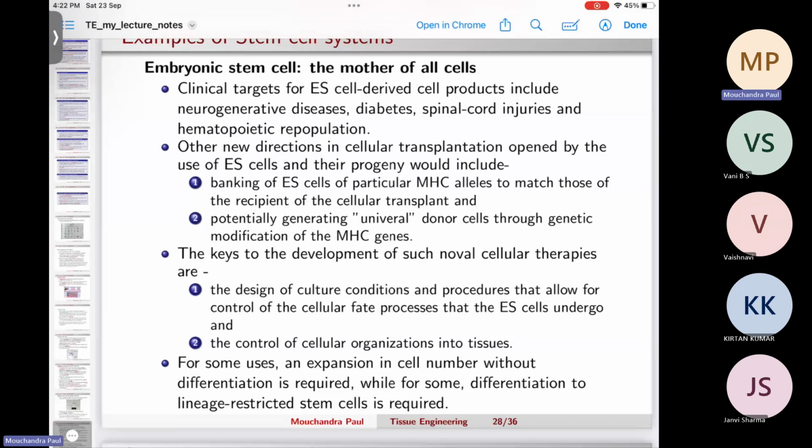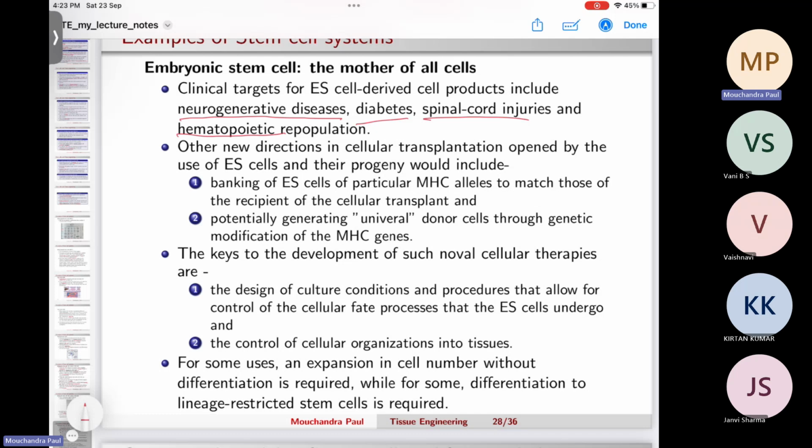So in this slide, what it says is that we can use embryonic stem cell derived products, the differentiated cell products, for various clinical applications, like to treat neurodegenerative diseases, diabetes, spinal cord injuries, hematopoietic repopulation, etc. For these kinds of clinical applications, we can use these embryonic stem cells.